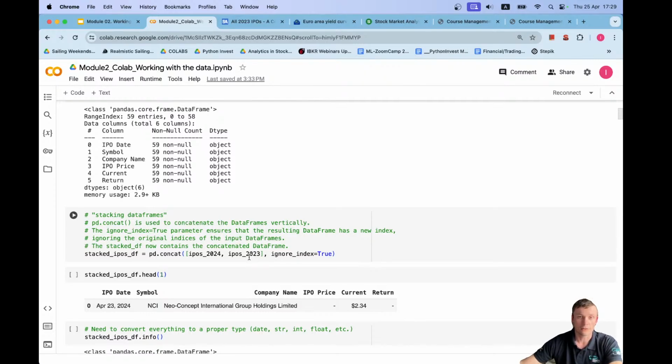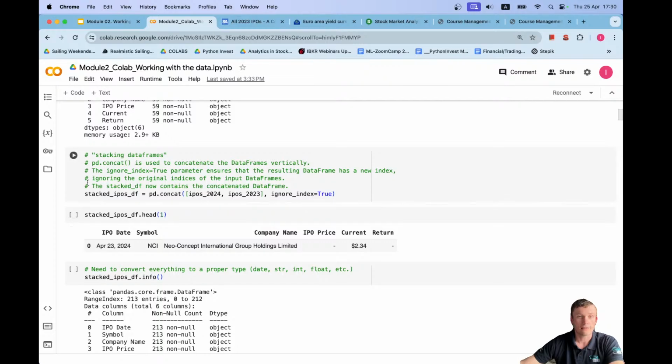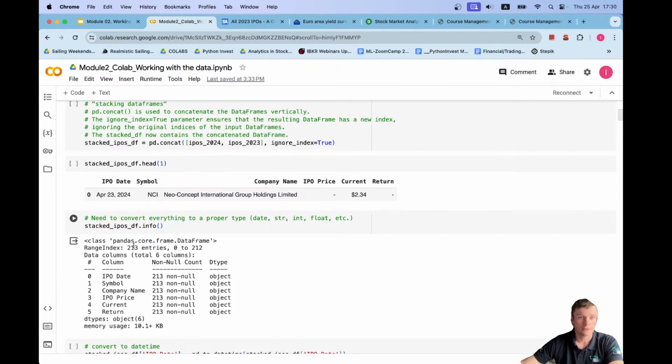This is a well-known operation, union all. So if you have two tables of the same structure, of the same data types, you can just stack one after another. And we will use it later for stacking data on 33 stocks. So now we have a combined data frame of 213 entries.